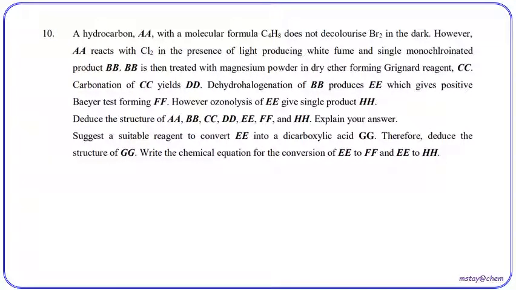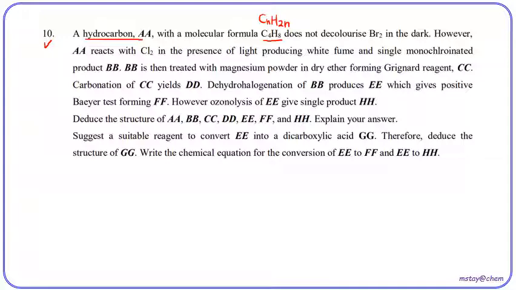Okay, let's continue with the last tutorial question that we're going to discuss in this video. Question number 10. A hydrocarbon A with the formula C4H8. So we can come up with the general formula CnH2n.